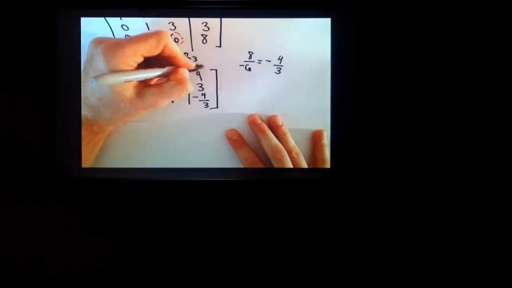And what we do now is we go back and write the corresponding set of linear equations, and then we start using back substitution to solve. So recall this is the column corresponding to x, the column corresponding to y, the column corresponding to z, and then our constants.